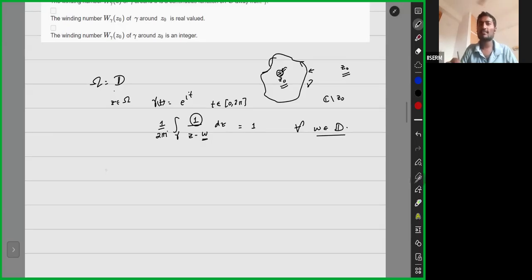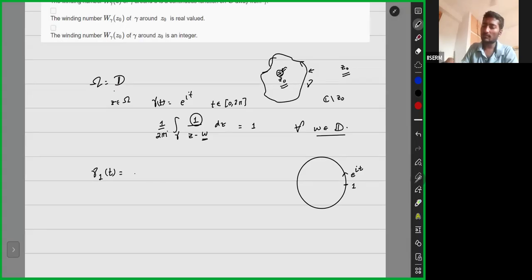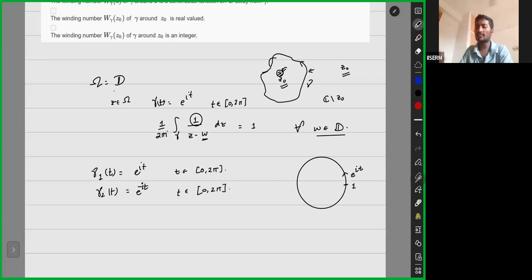I'm going to take the concatenation of two curves. The first curve, gamma 1 of t, is the circle e power it, t running from 0 to 2 pi. It starts from 1 and ends at 1. The second curve, gamma 2 of t, is e power minus it, t running from 0 to 2 pi. Now I'm going to concatenate them.